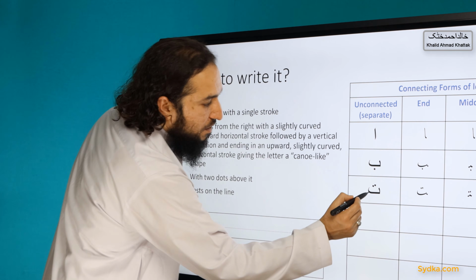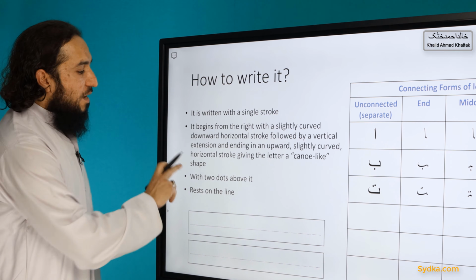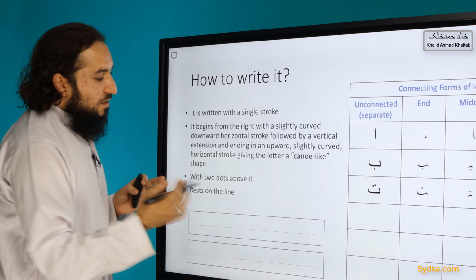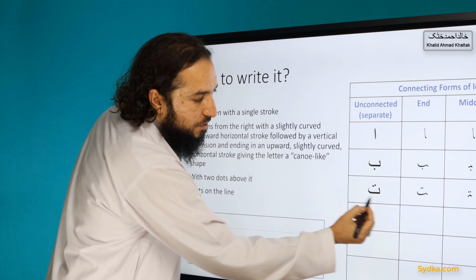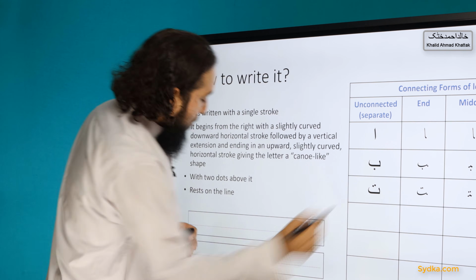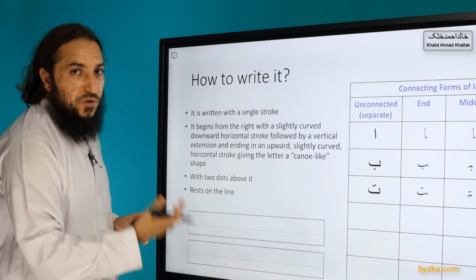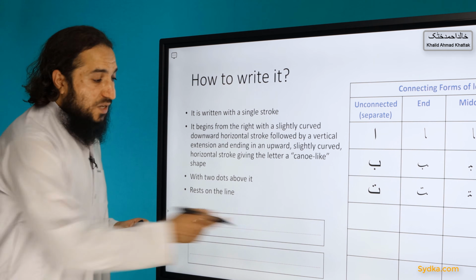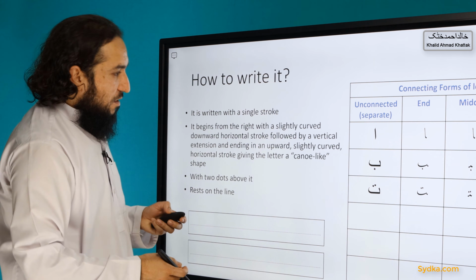The horizontal stroke gives a canoe-like shape. It has two dots on top of it, and it rests on the imaginary line.